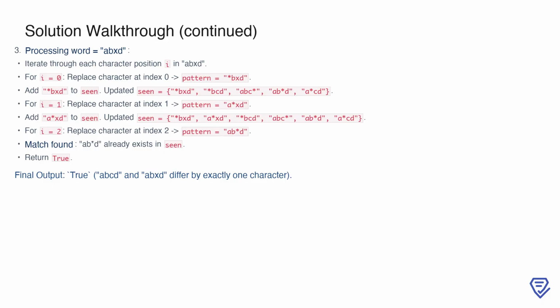At index 2, the pattern becomes ab*d. This pattern already exists in the seen set, meaning we have found a match. Since ab*d is common to both abcd and abxt, it indicates that these 2 words differ by exactly 1 character. Therefore, we return true as the final output for this example.